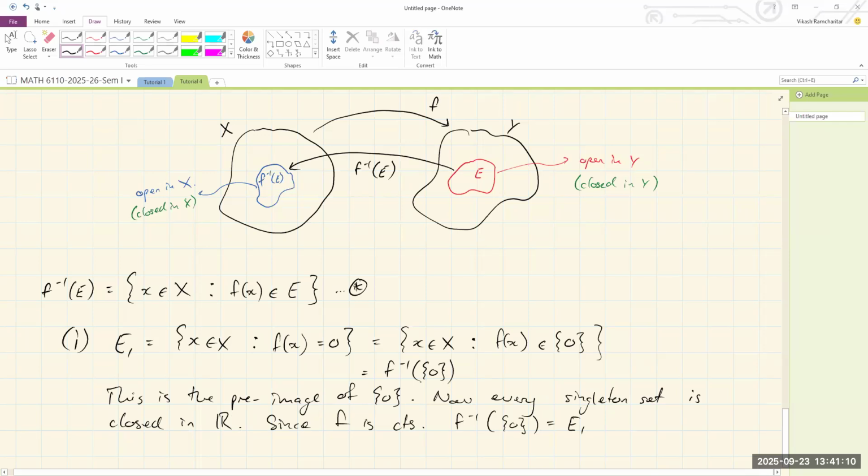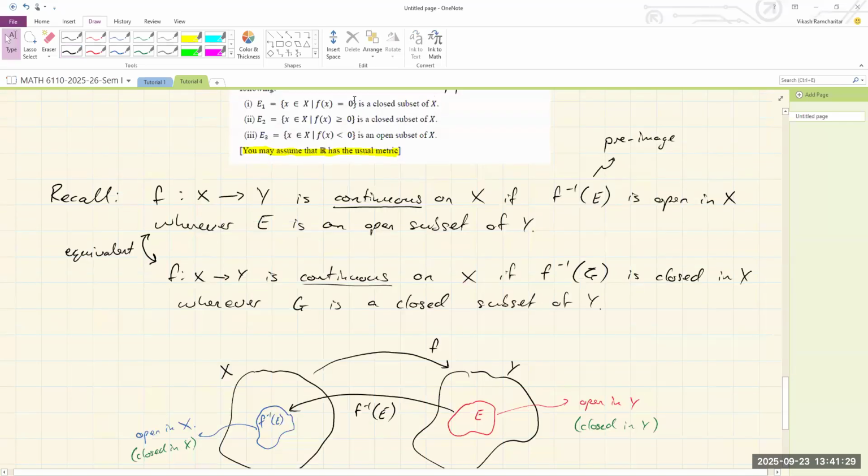Now, what is the pre-image of singleton 0? It's E1. So E1 is closed, or you could say closed in X, right? So that's the first one.